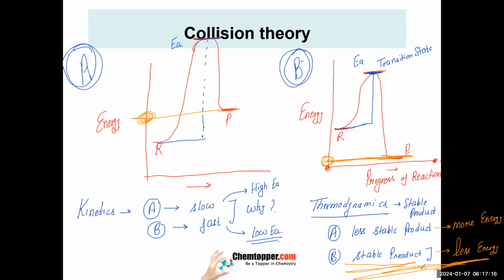See here. And which profile is kinetically favored? B again. So I can say B profile, B reaction is very effective, very fast, and giving you stable products.